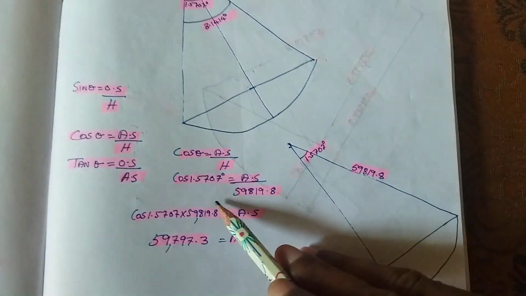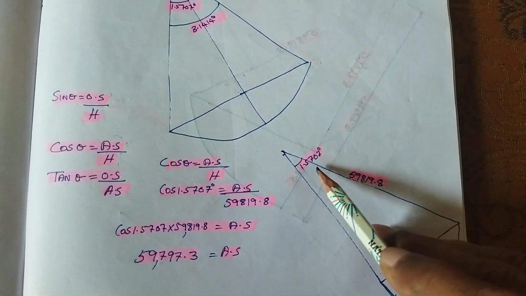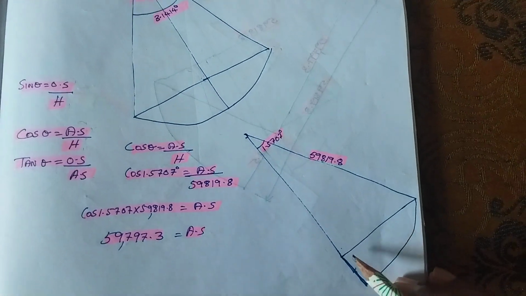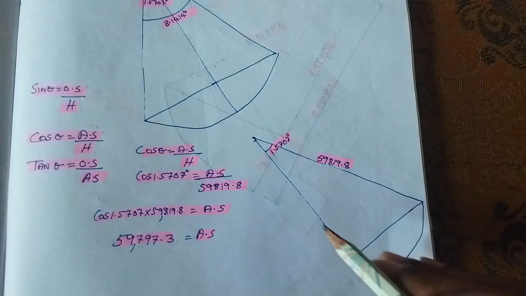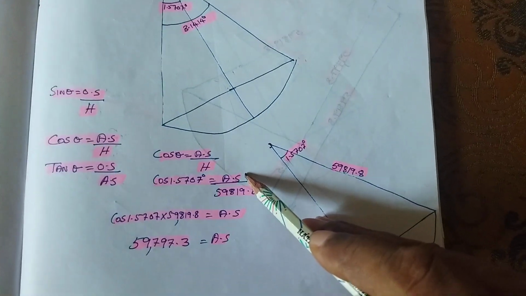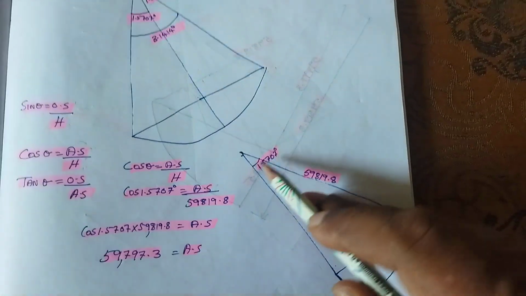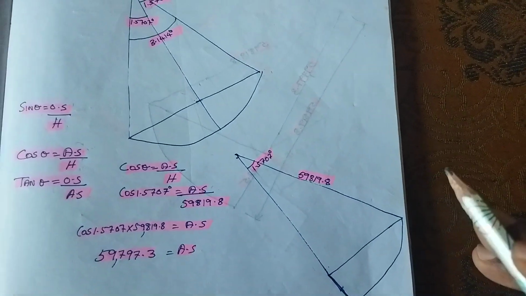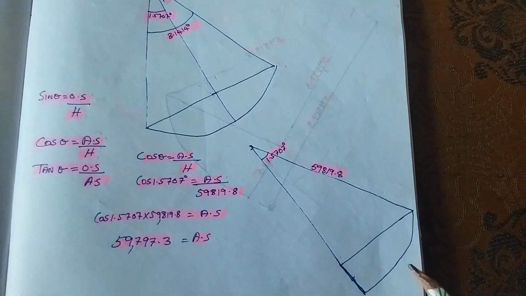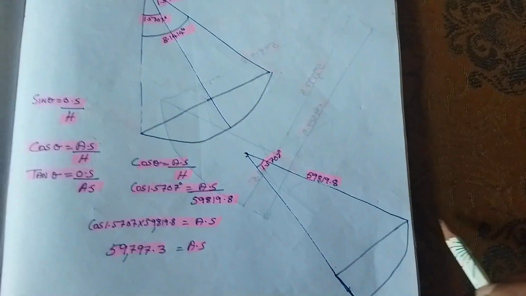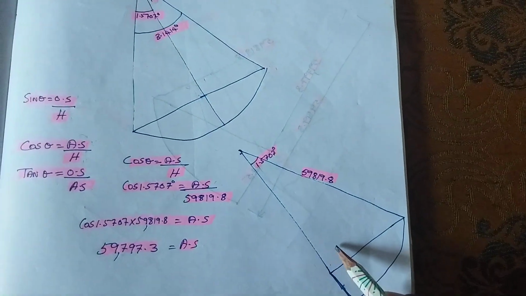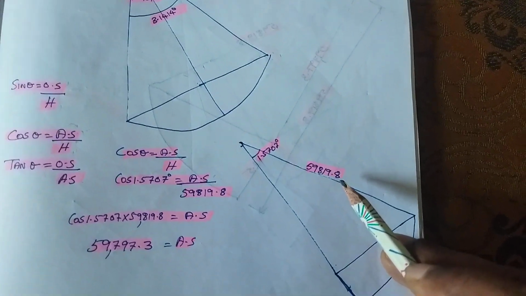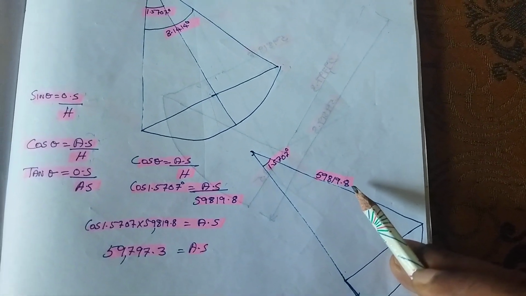Cos theta, where the degree is 1.5707. Cos theta is equal to adjacent side. We don't have the adjacent side; we have to find it out. So we can write the adjacent side itself, divided by the hypotenuse, that is from here to here. Everybody knows the hypotenuse is the lengthiest side in a triangle, the opposite side of the 90 degree angle. Okay. Now the hypotenuse is 59,819.8.